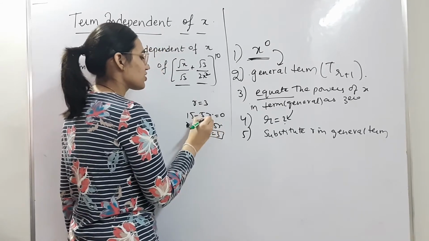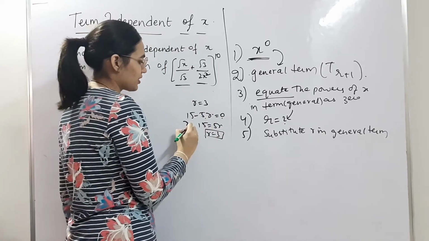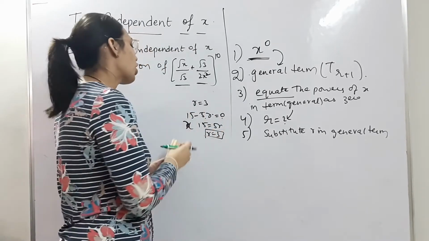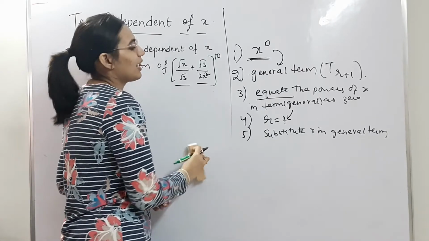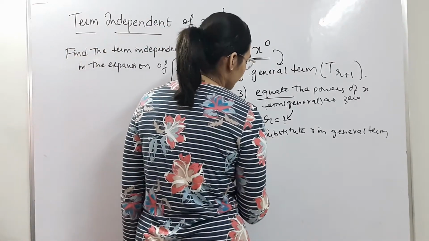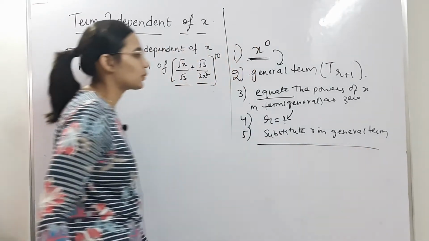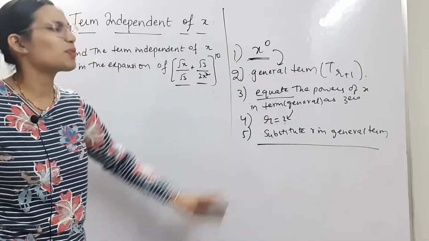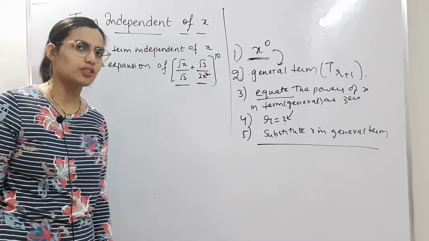When you substitute this 3 here, do we get 0? Yes. So that means x to the power of 0. Yes. So automatically the x term will become 1 and the remaining coefficient will become the constant term. So after this step, you will get the constant term. This is the small algorithm that you need to follow in order to find the constant term.